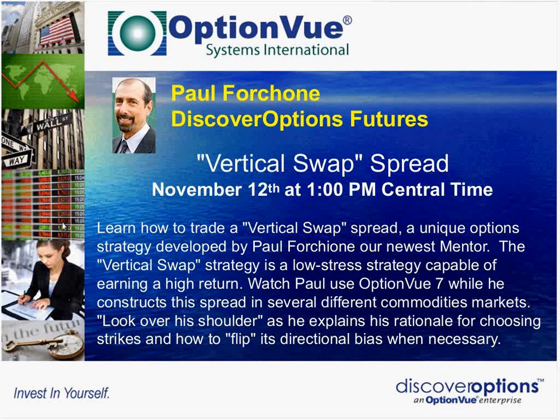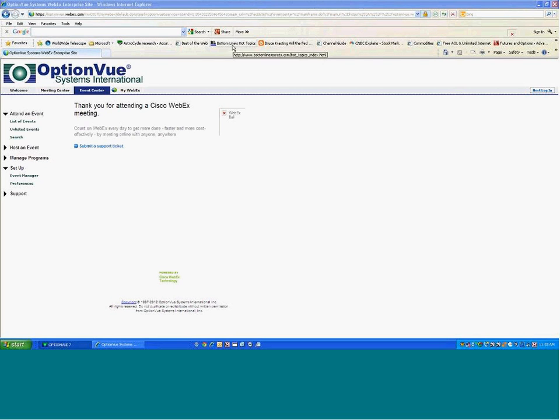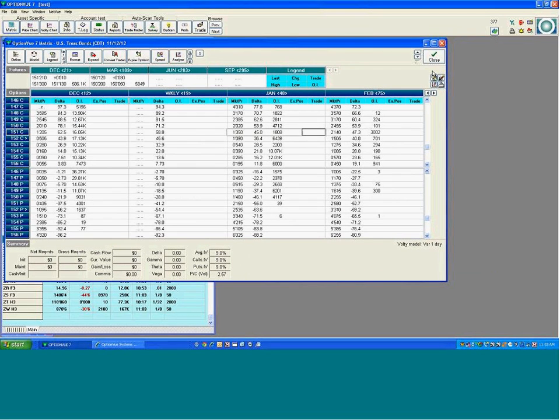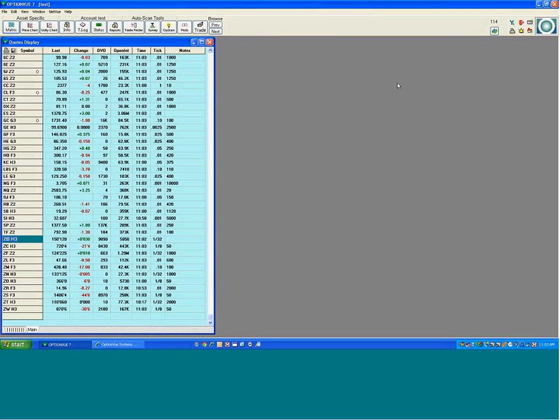So what I'll do now is share my screen, actually my desktop, and let's see here. You should be looking at my quotes display on Option View.